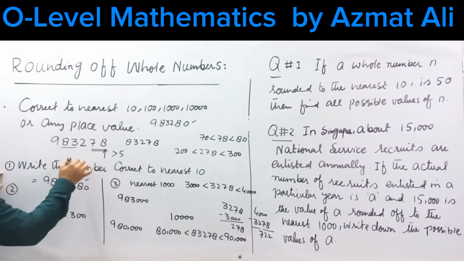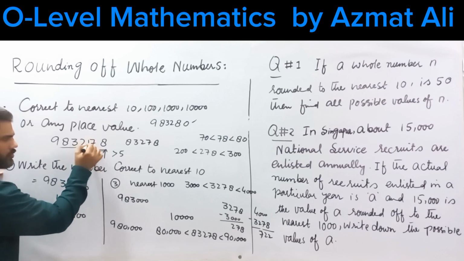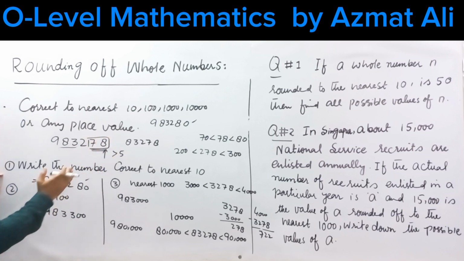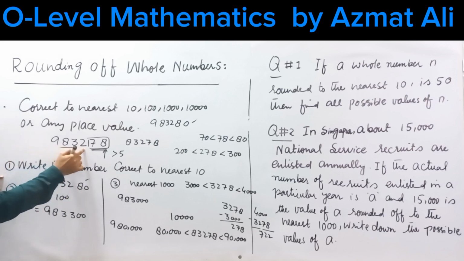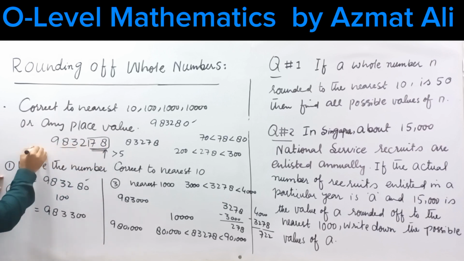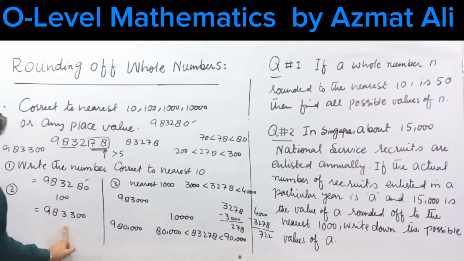So we replace the last two digits with 00 and increase the left side number by 1 unit. So 2 will be replaced with 3, and these two numbers, 7 and 8, will be replaced by 00, and the remaining number will be the same. This will become 9833. That is again the same.